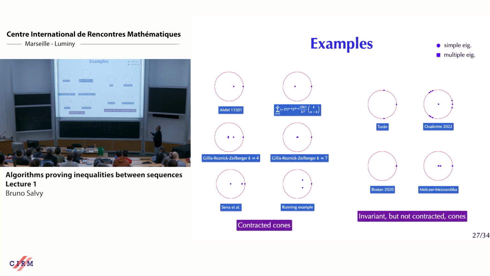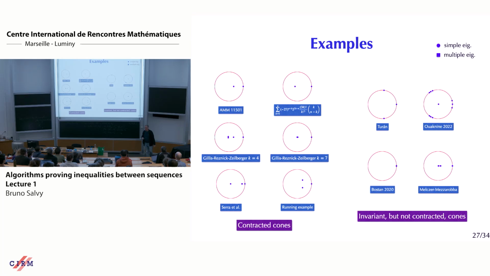Turan's inequality, no. You have 3 eigenvalues of the same modulus. So you have an invariant cone, but no contracted cone. The example by Waknin with this 65 to the n, you have 9 eigenvalues on the dominant circle and 1 inside. So you have an invariant cone, but no contracted cone.